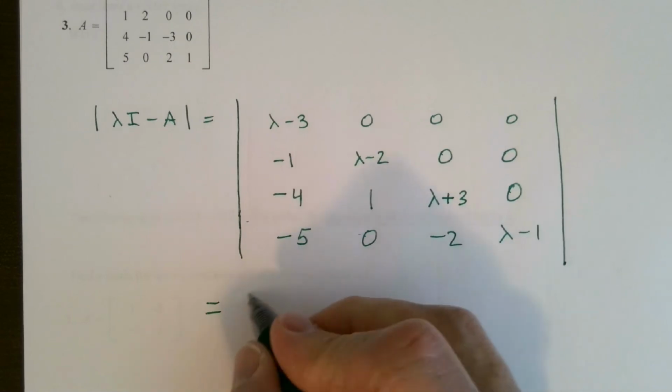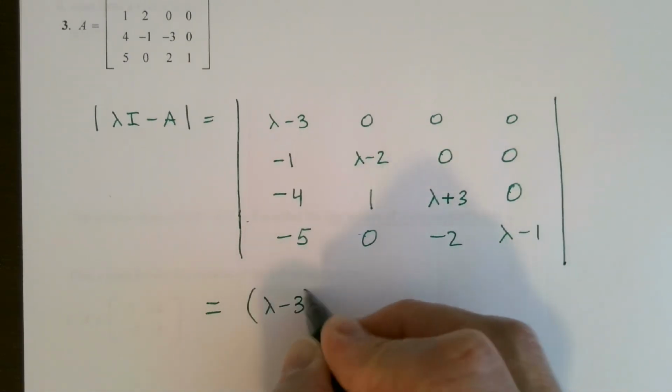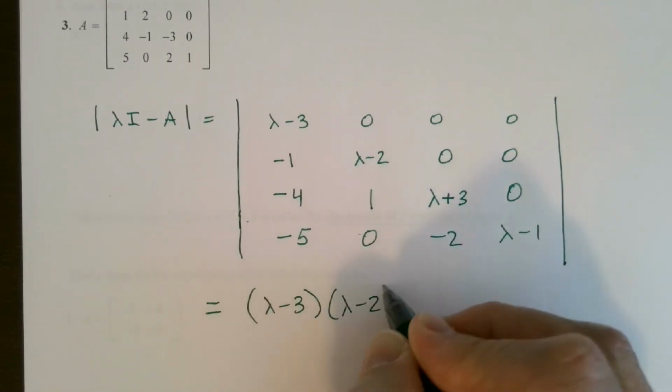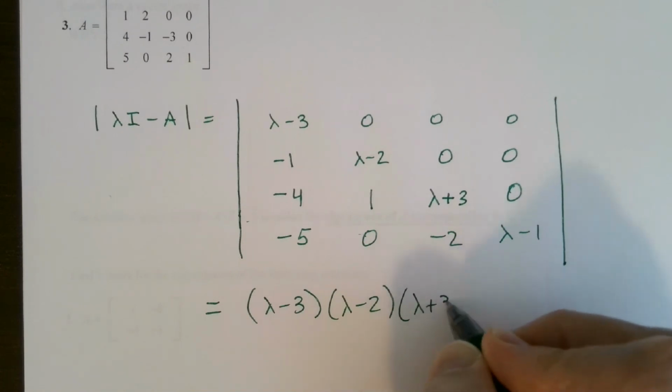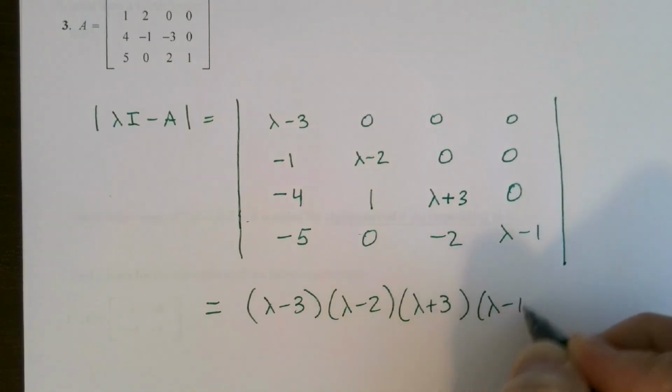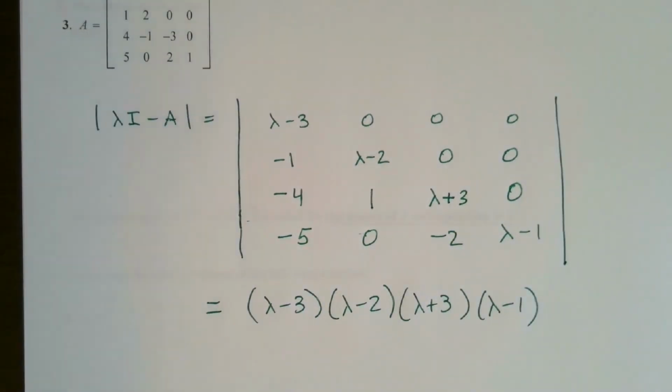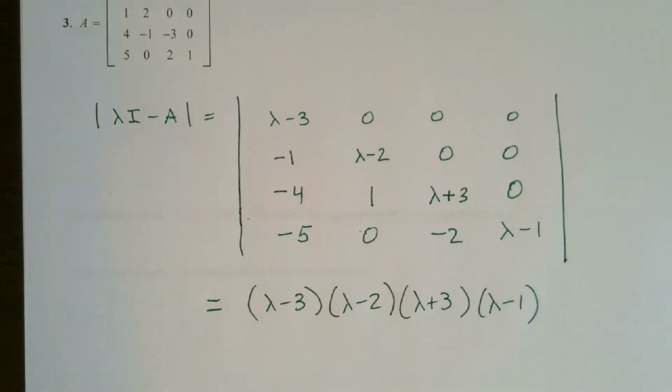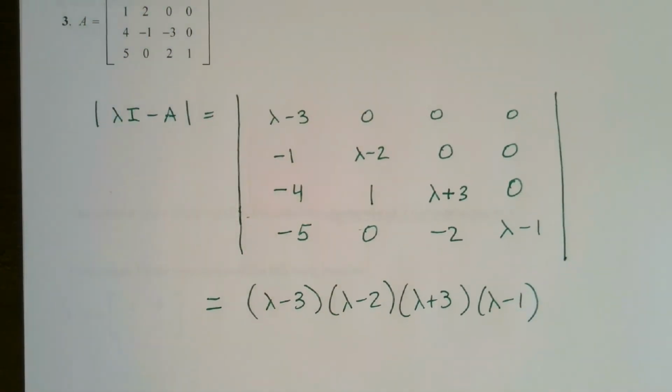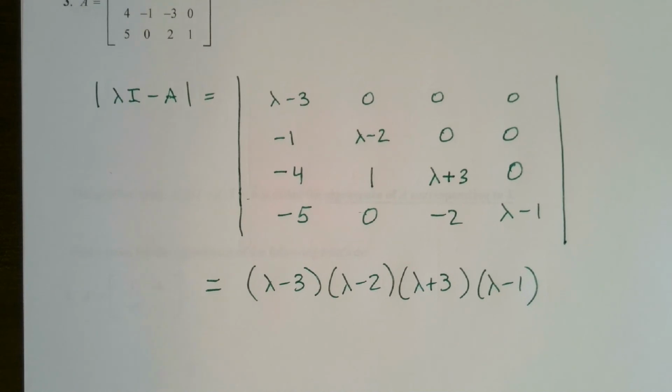So for this particular case, there's my determinant. Now you can certainly expand that all the way out, be my guest, but that is the characteristic polynomial. If you expand it all the way out, it's a degree 4 polynomial in the variable lambda.